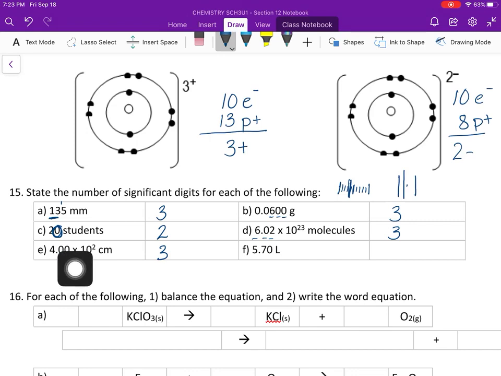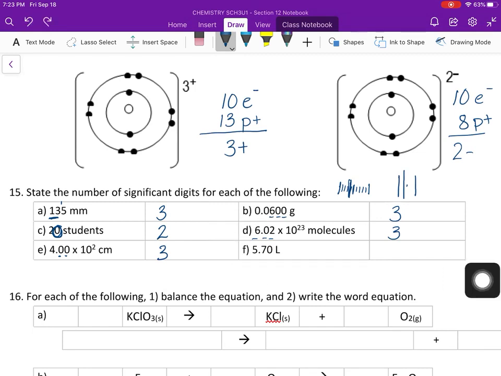So to the right, if we are in the decimals, they count. If we are not, then we're not sure. And so often we would write this using scientific notation to show if that 0 is significant or not. And then anything that comes to the left of a number is not significant.